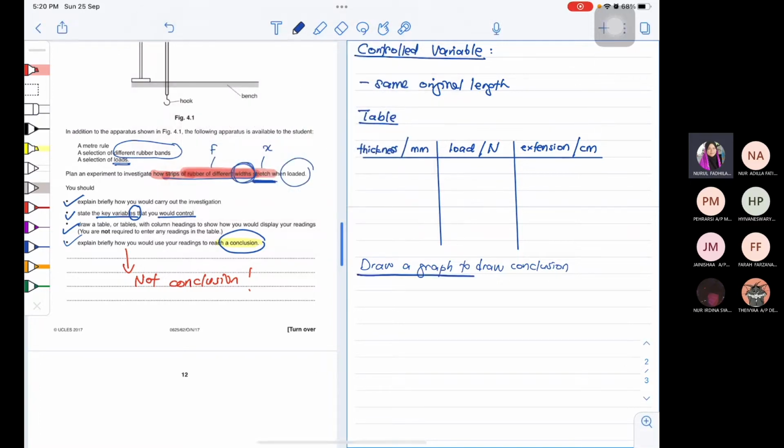But this is not yet the answer. If you just write like this, there is no mark. This is just an explanation of what you are doing. So how?